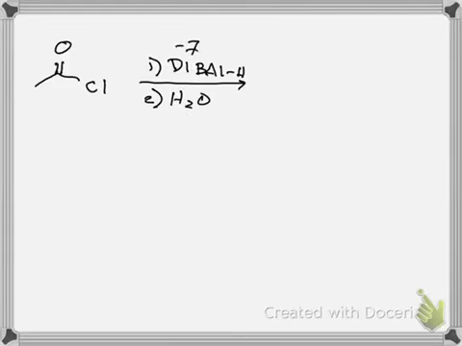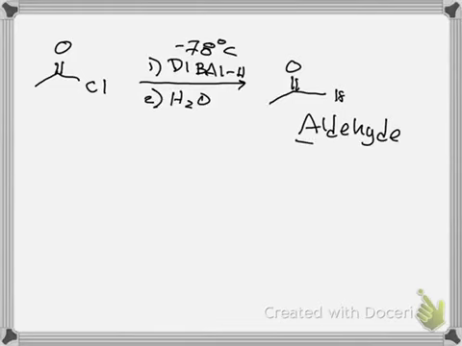It needs to be kept pretty cold, specifically minus 78 degrees C. And what you get out of this is an aldehyde. You get an aldehyde out of this reaction.